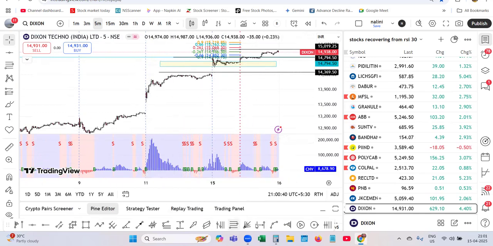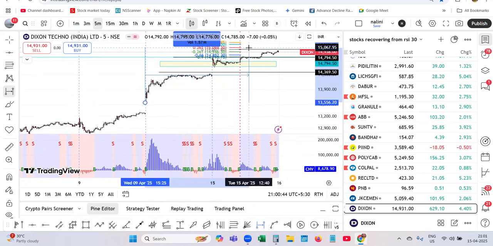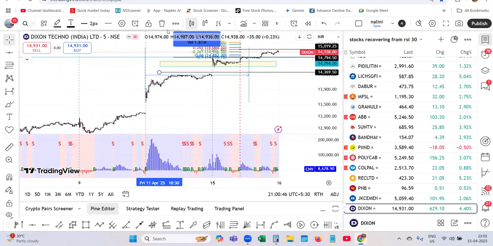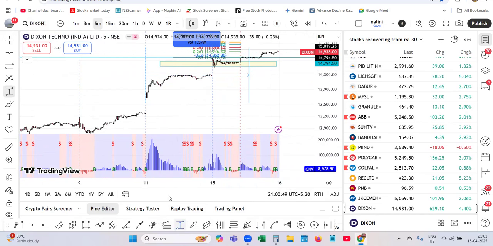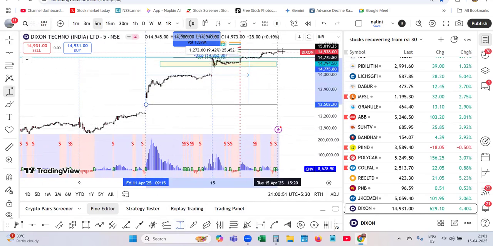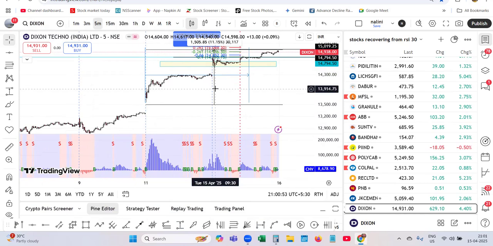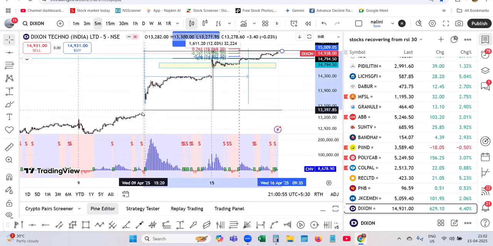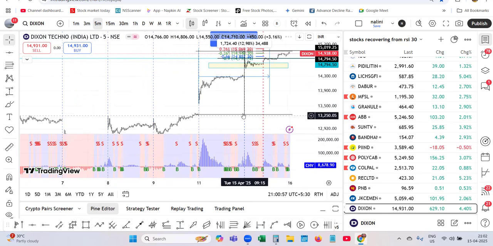Let me measure the percentage. Sorry, I've picked up a different tool. Let me pick up this tool. From the gap up, you are getting 11 percent. What more do you want? More than 10 percent. 12.98 from the gap up.